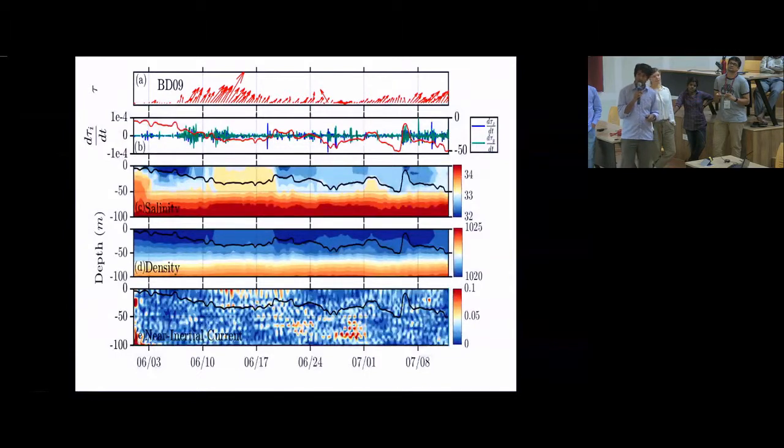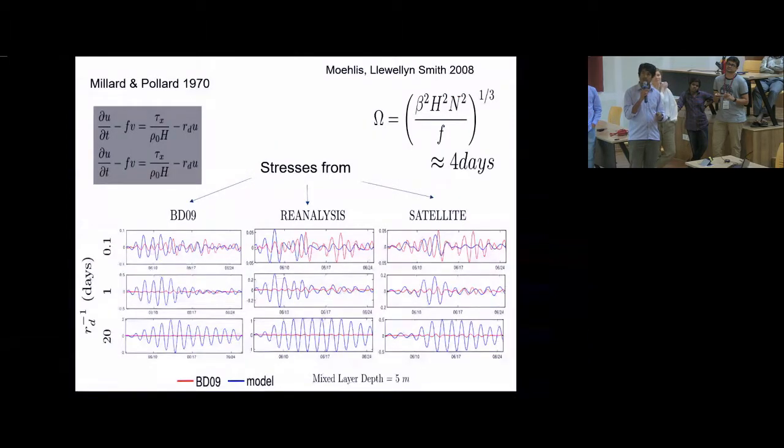Now that we were able to identify this near inertial motion, we tried to model it, and we used the Pollard and Millard model, and we wanted to see how long it takes for this oscillation to decay or attenuate. The inputs that go into the model are the Coriolis frequency and the wind stresses, and we use 3 different sources for the wind stress inputs.